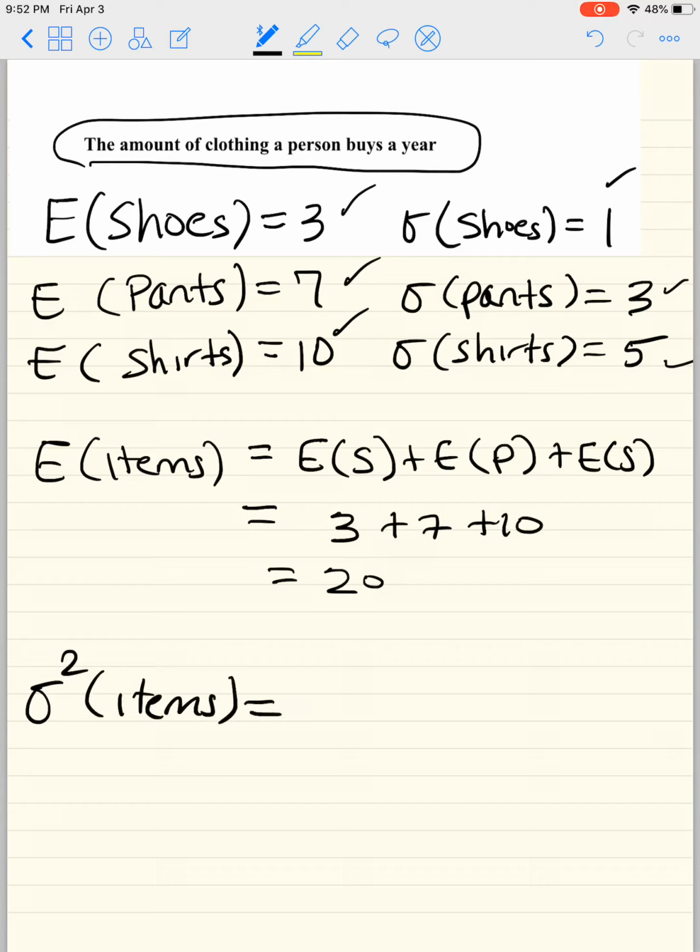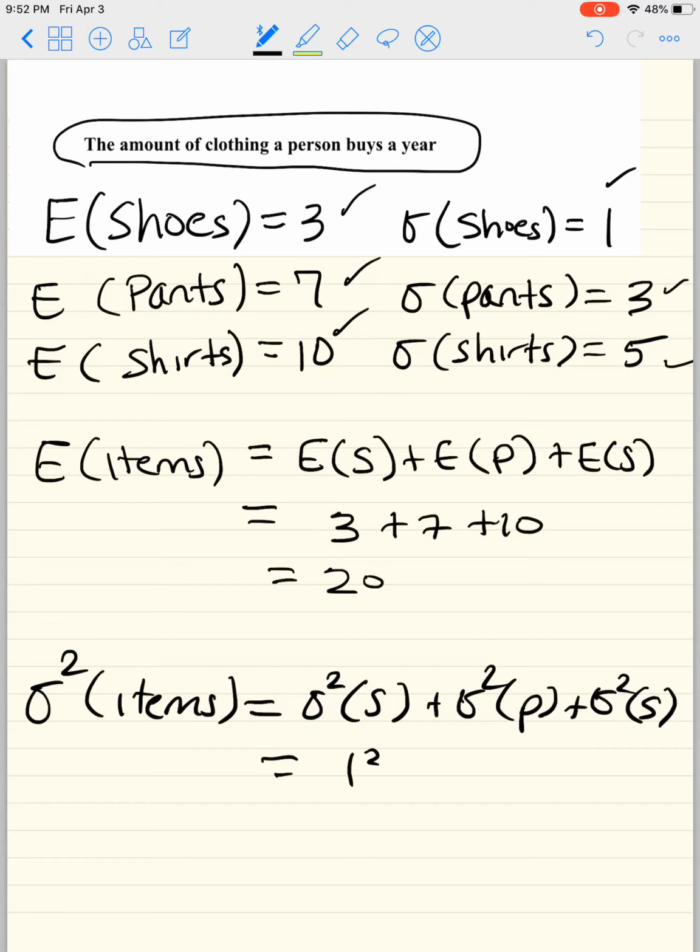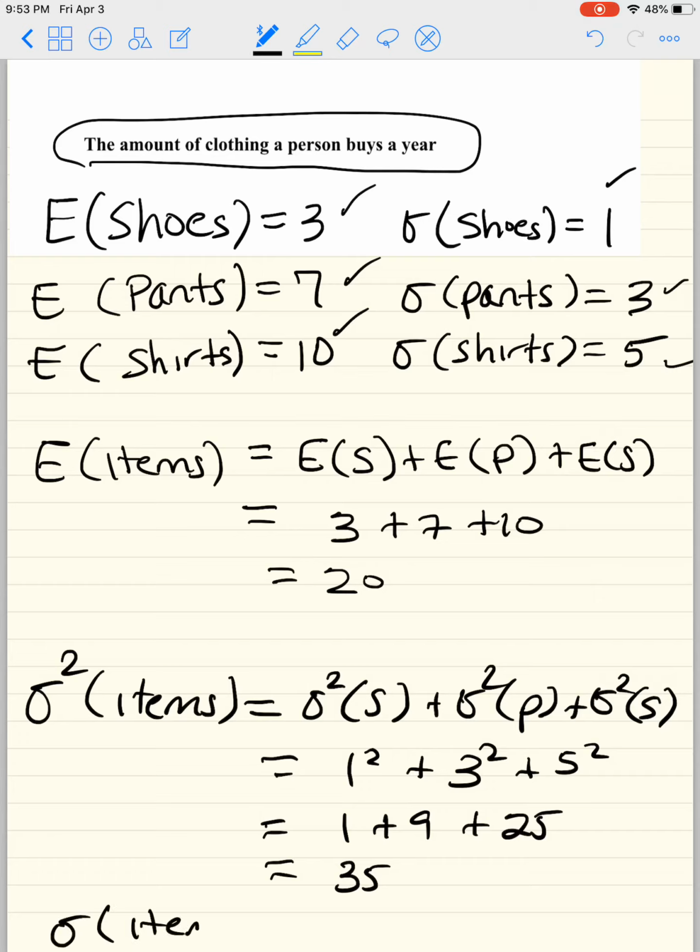First, bring everything to a variance. So we want the square of the shoes, the square of the pants, and the square of the shirts. And then we just add them up, and that looks like it's going to be 35. And so the standard deviation of the items is going to be the square root of 35.